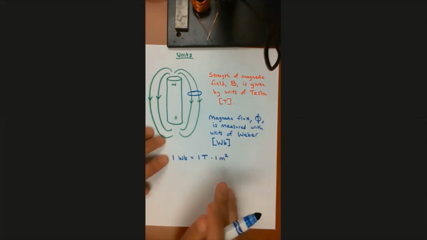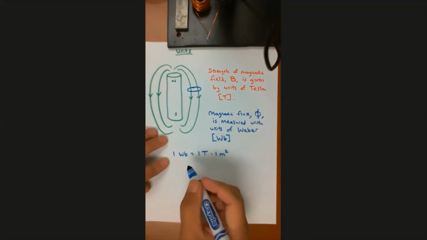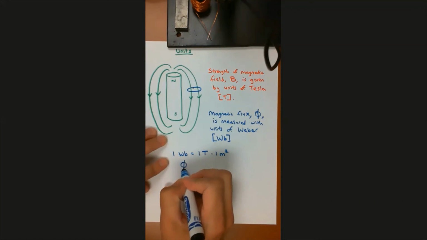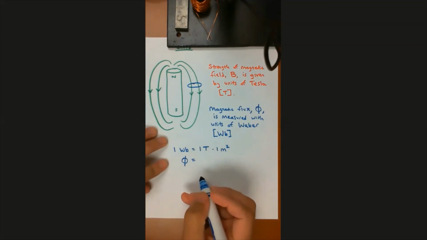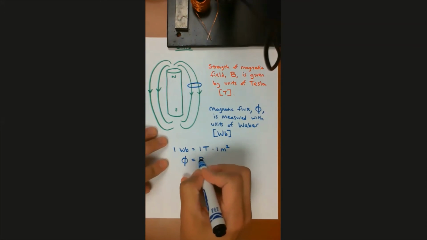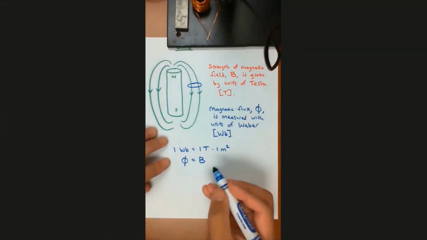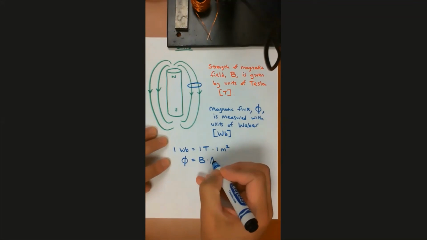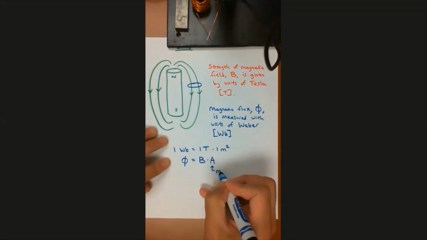More generally, the equation that you're going to use over and over in the next month or so is the magnetic flux phi is equal to the magnetic field strength in that area, or specifically the average magnetic field strength in that area, times A, the area, where A is in meters squared.